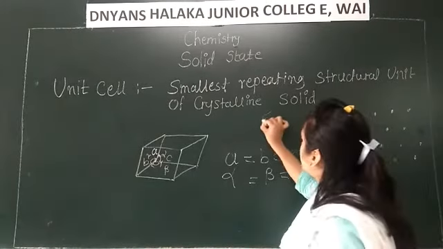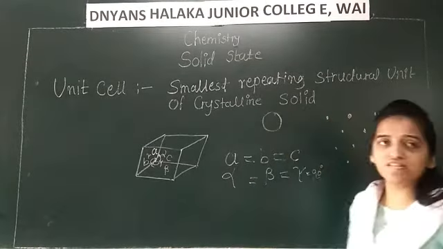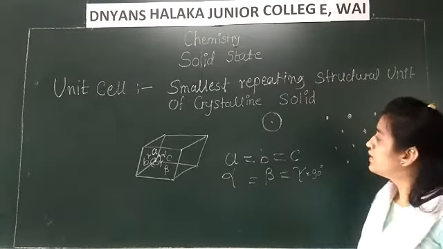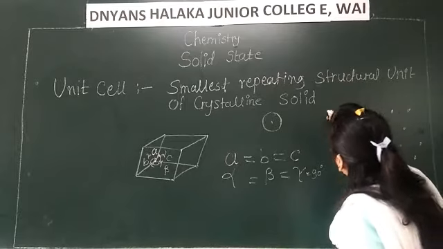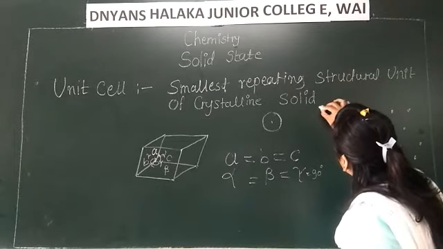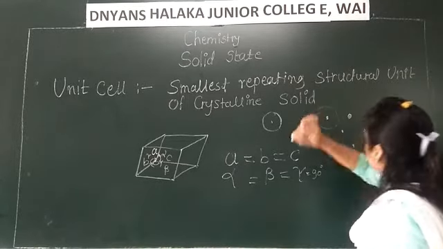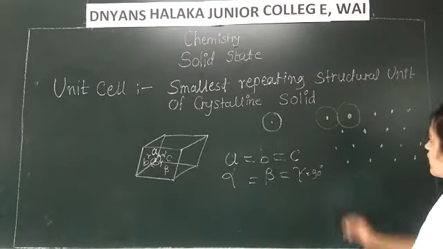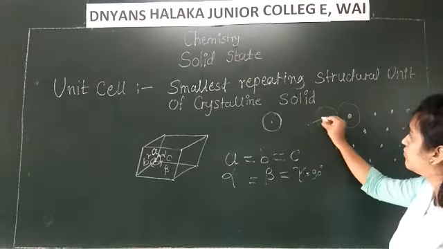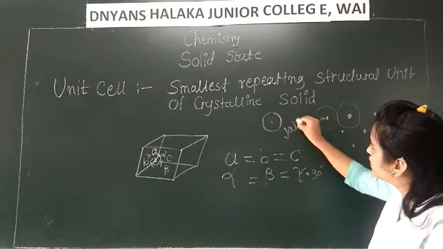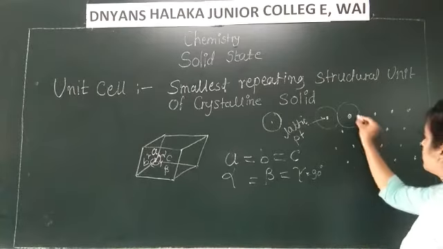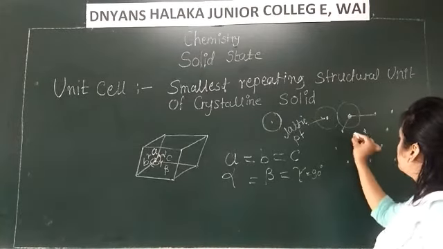So we consider any sphere or any structure of atom. In the middle is the center. So the center is called the nucleus. So any sphere is situated in a three-dimensional structure like this. So this point is known as lattice point, and this structure can be drawn using unit cell.